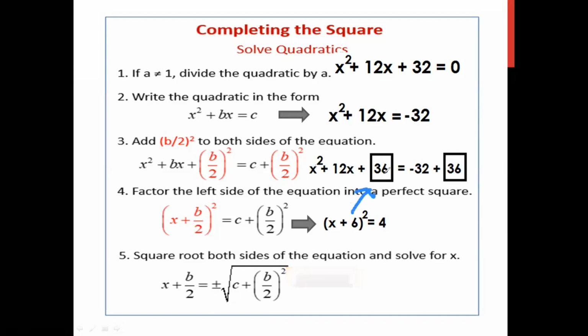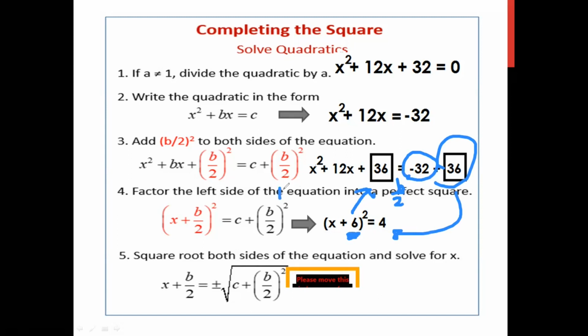On the other side, negative 32 plus 36 gives us positive 4. Again, this 6 came from b over 2, our b half.